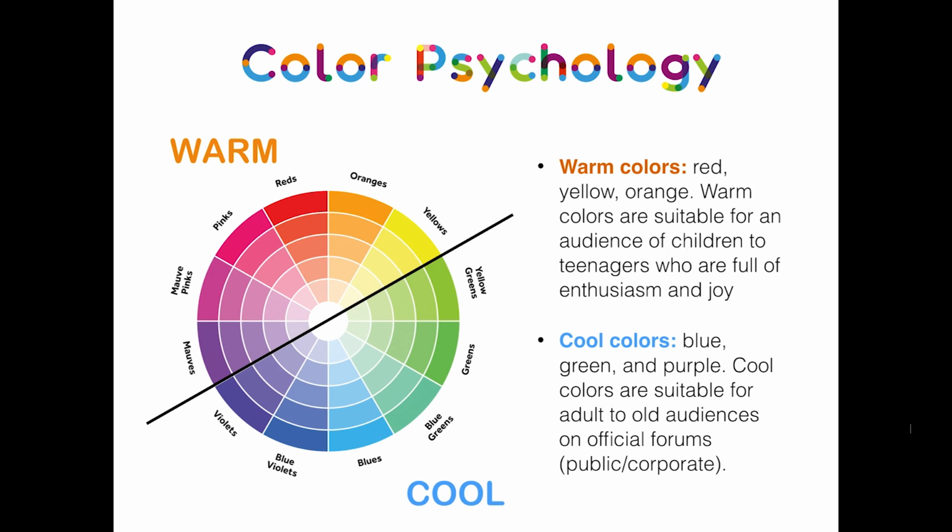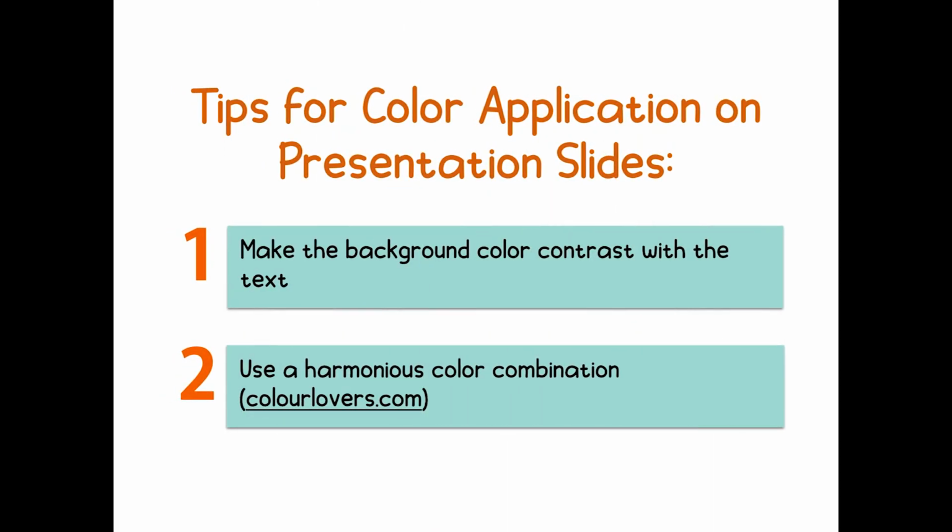Warm colors such as red, yellow, or orange are suitable for an audience of children to teenagers who are full of enthusiasm and joy. Cool colors such as blue, green, and purple are suitable for adult to old audiences and official tones, for public or corporate.